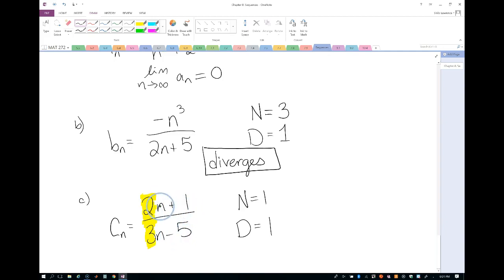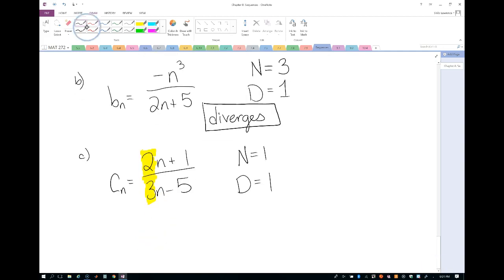If you think about plugging in 1,000 for n, adding 1 to 1,000 doesn't make a whole lot of difference, or 10,000, or 100,000, or 1,000,000. All that really matters is that coefficient, because that coefficient will double it or triple it. And the values of these terms, as n gets larger and larger, are going to approach 2/3.